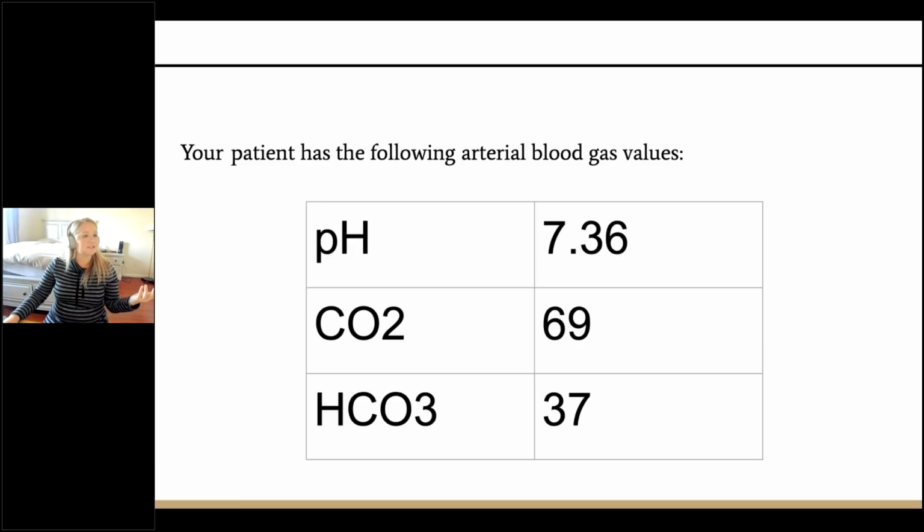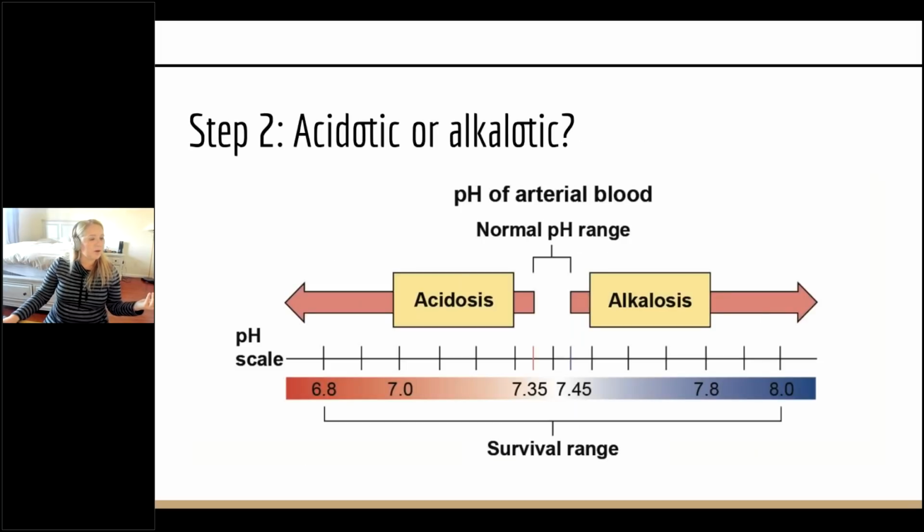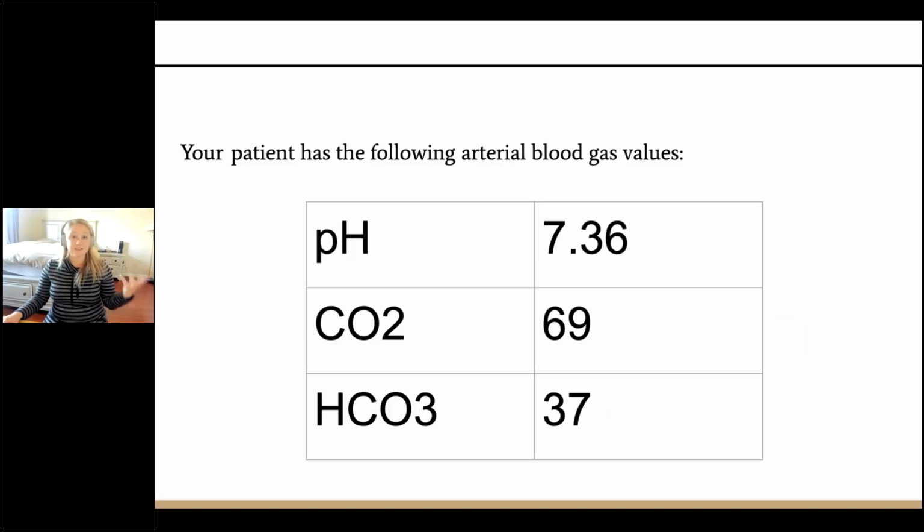When we look at that scale, things less than 7.35 are acidotic, and 7.36 is much closer to the left-hand side there. Remember, anything less than 7.4, we kind of split the difference there. And we see that 7.36 is closer to acidotic.